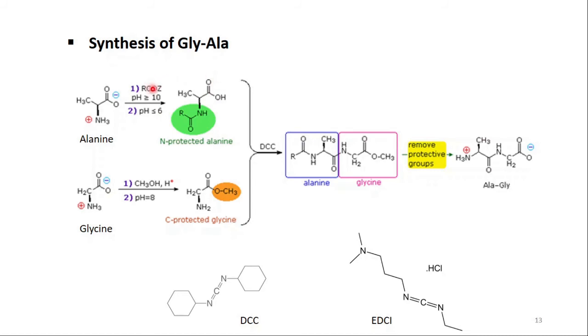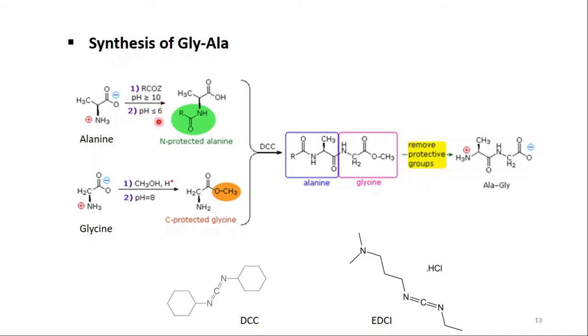See the step: initially you reacted with RCOCl, and whatever side product HCl comes out will make this protonated. That time the pH goes higher because it is neutralized by some base, because you have to add some base here. So NHCOR is formed.